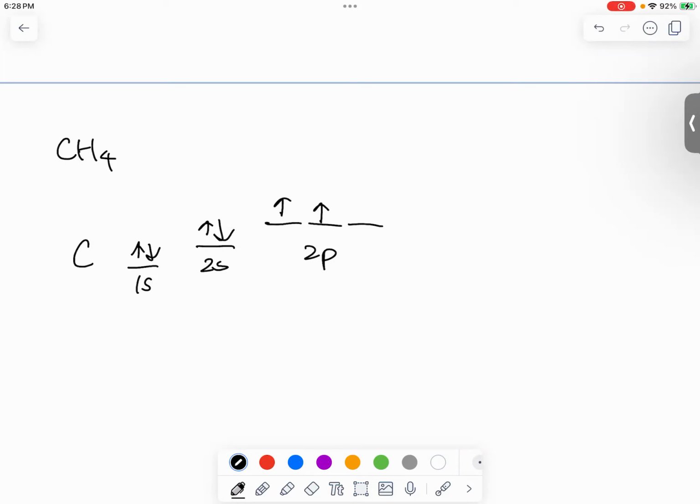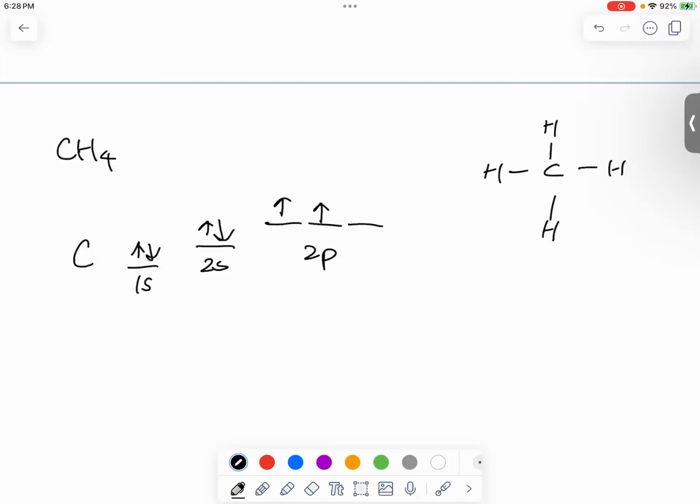And the Lewis dot structure for methane goes like this. Now, I'm not sure if you are a careful observer. You may go ahead and pause the video right now and see if there's any kind of discrepancy between the Lewis dot structure and the orbital diagram.